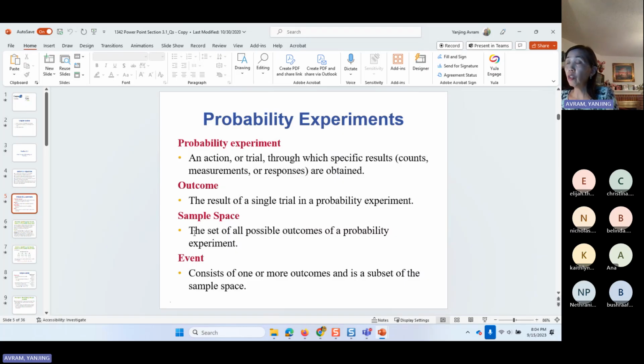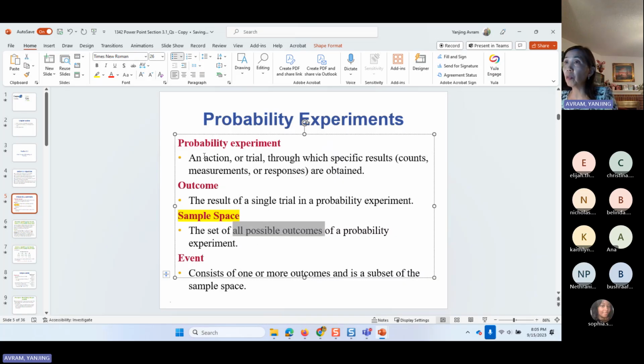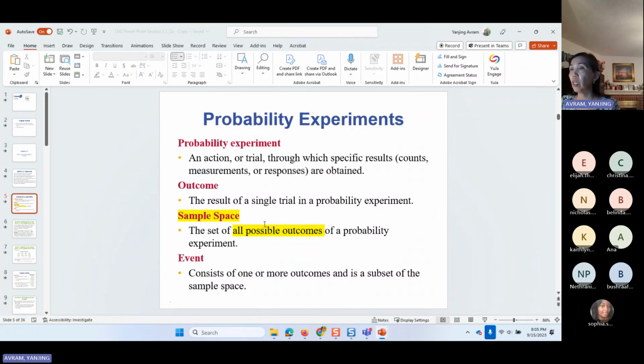Okay, and we also have a new concept here. It's called sample space. So what is a sample space in statistics? Sample space is the set of all possible outcomes. All possible outcomes of a probability experiment is called the sample space. Sometimes, for short, we just call it all possible outcomes.